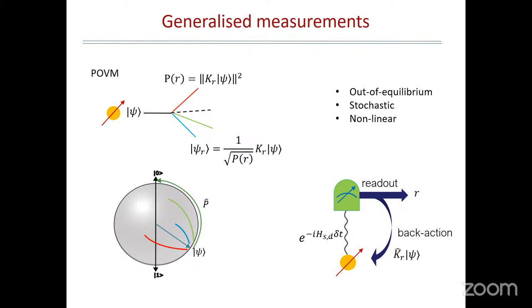That's what making the measurement means. But what is important about the measurement is that for a given readout, you have a back action on the system, and this back action depends on the readout. And because the readout depends on the system state, you get a back action which is nonlinear in the evolution of the system.